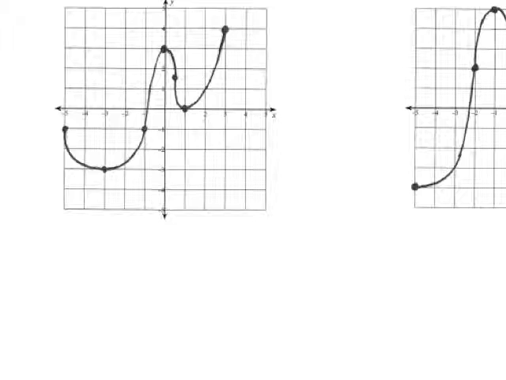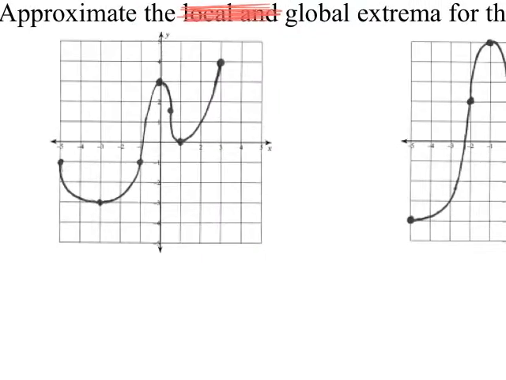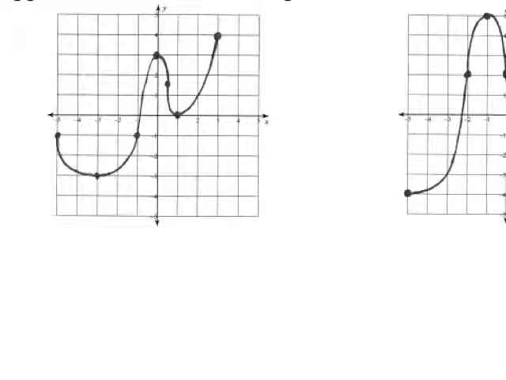Okay, the directions indicate for us to find local and global extrema, but I just want to focus on finding the global extrema, so let's cross that out. We'll get to local later. For this, the absolute highest point occurs right here. So our absolute max of 4 at x equals 3.